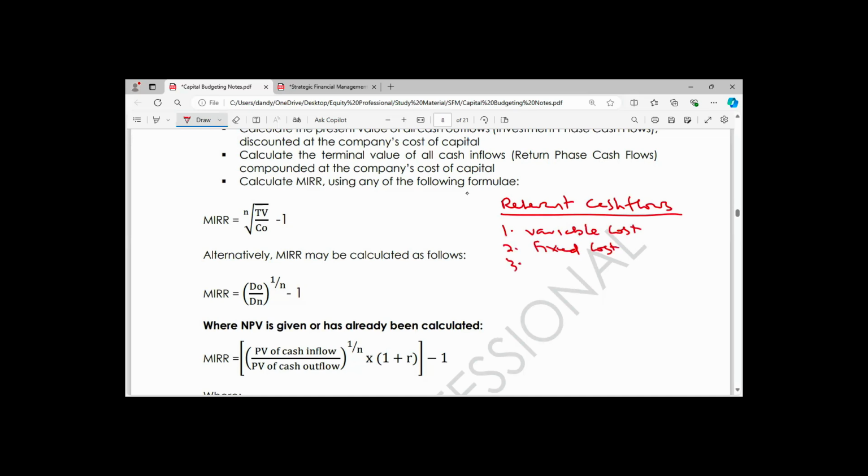Three, direct, specific, attributable, or incremental fixed cost.